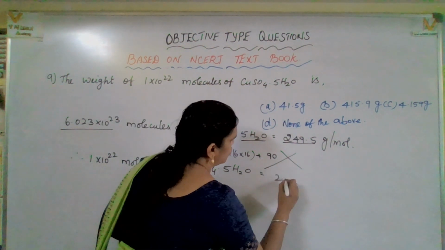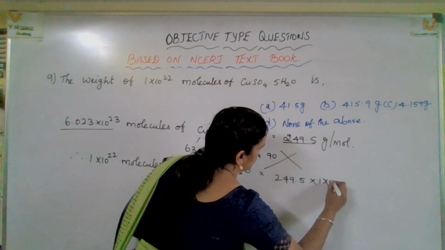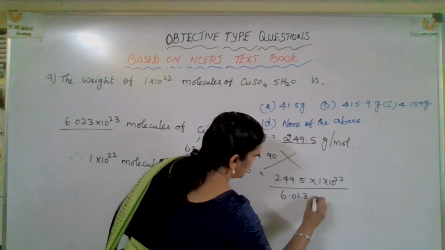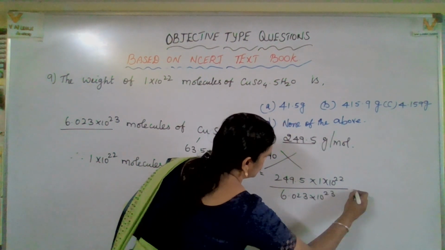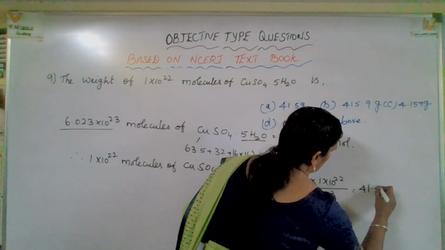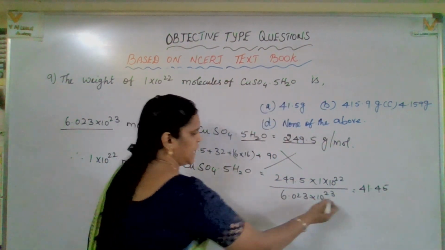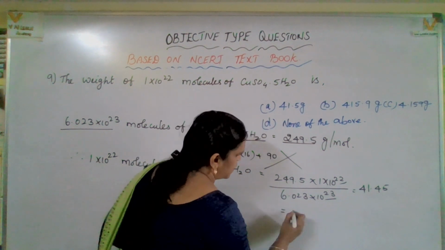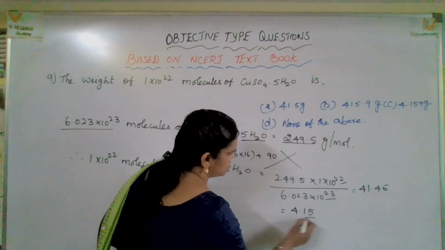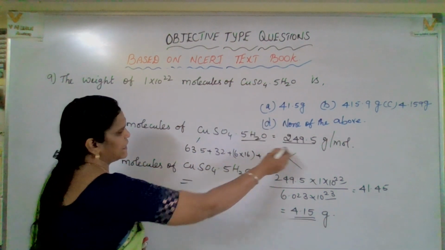So here 249.5 into 1 into 10 to the power of 22 divided by 6.023 into 10 to the power of 23. You will get the answer 41.45 like that. But here you check it here. So you will write it here 4.15. You just change it to 4.15. It's in gram because they are asking the gram, right?